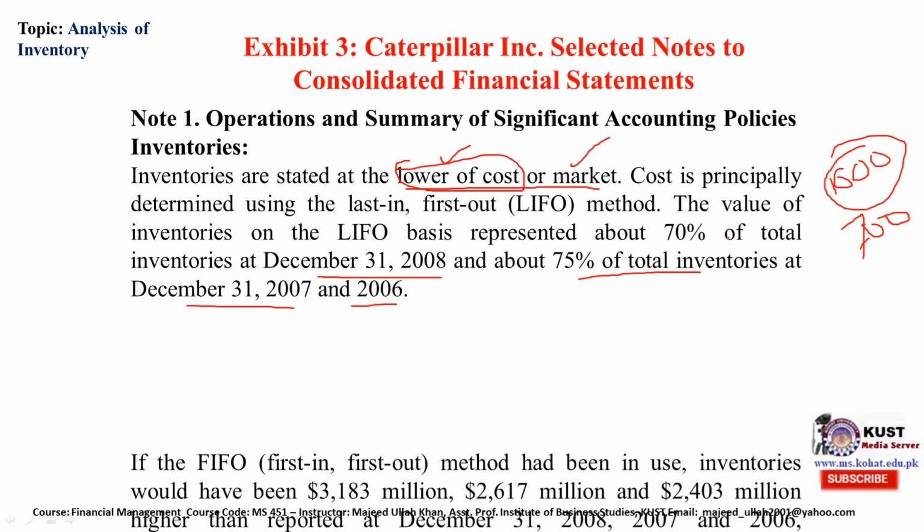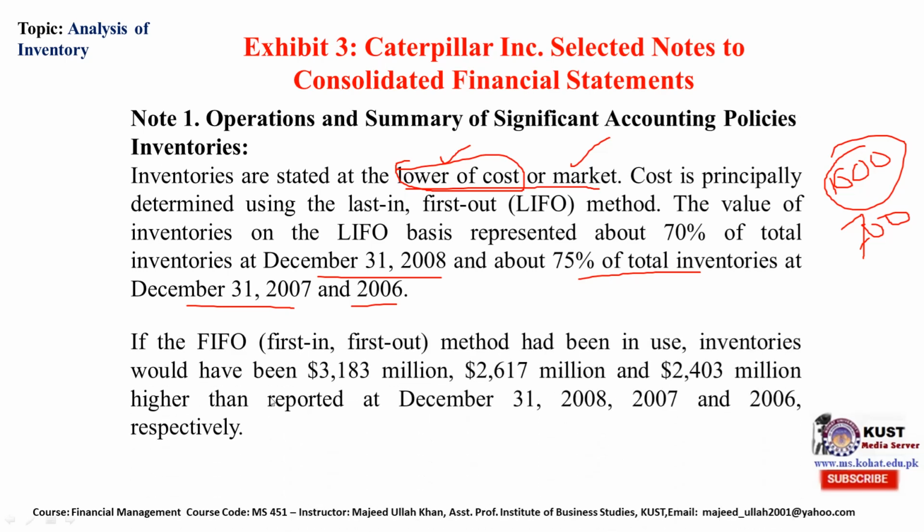Moving further, it is also given to you that if the company had used the first-in first-out method instead of the last-in first-out method, inventory would have been $3,183 million higher in 2008, $2,717 million higher in 2007, and a similar amount higher in 2006.